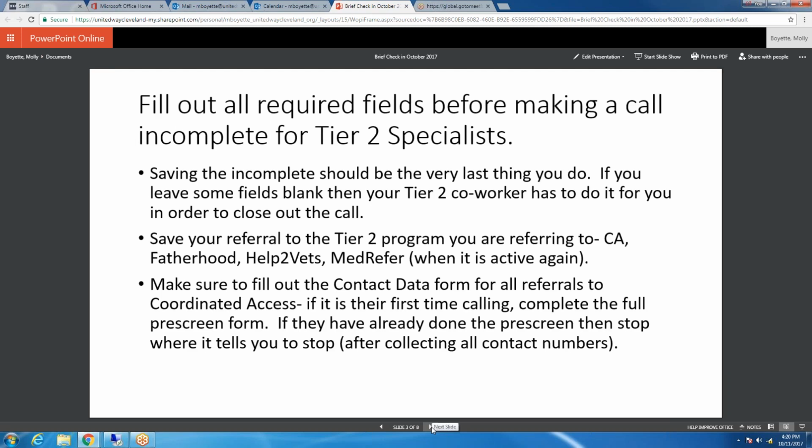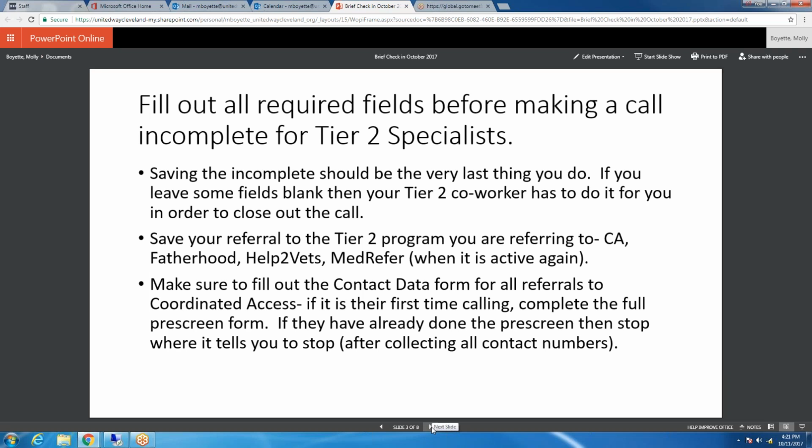Kind of related to that, this is a reminder to fill out all of your required fields before making an incomplete for Tier 2 specialists. Saving the incomplete should be the very last thing we do with that transaction.